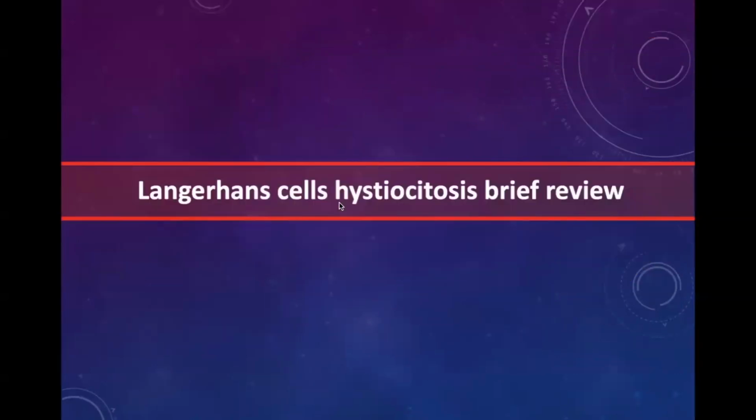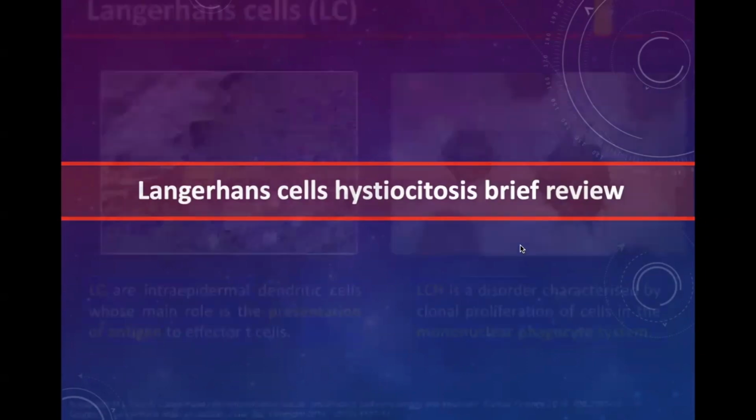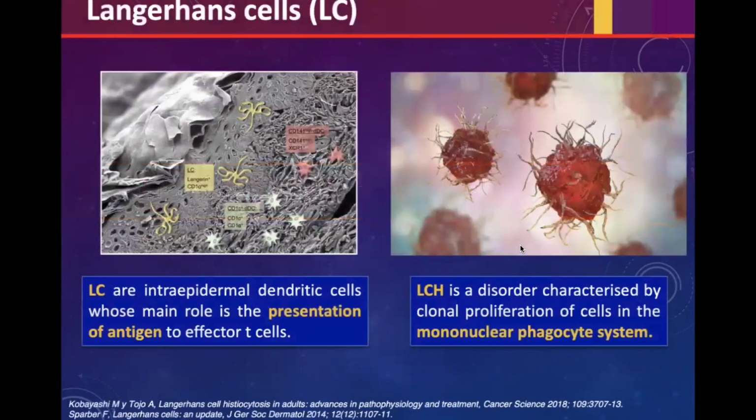Let's talk about Langerhans cell histiocytosis, a brief review. The Langerhans cells are intraepidermal dendritic cells whose main role is antigen presentation to effector T cells. They are located in the suprabasal layer in the epidermis and dermis.